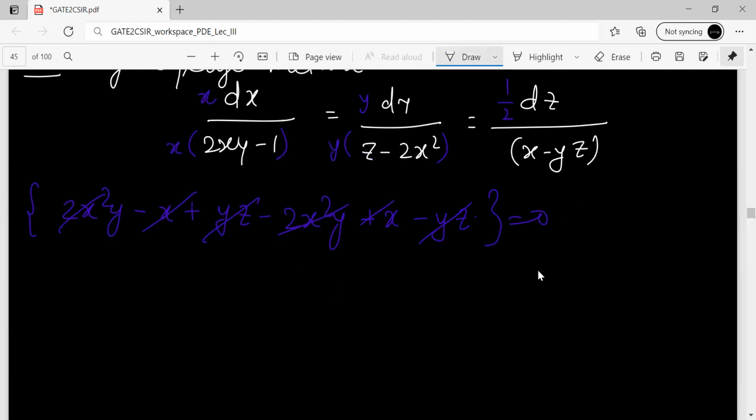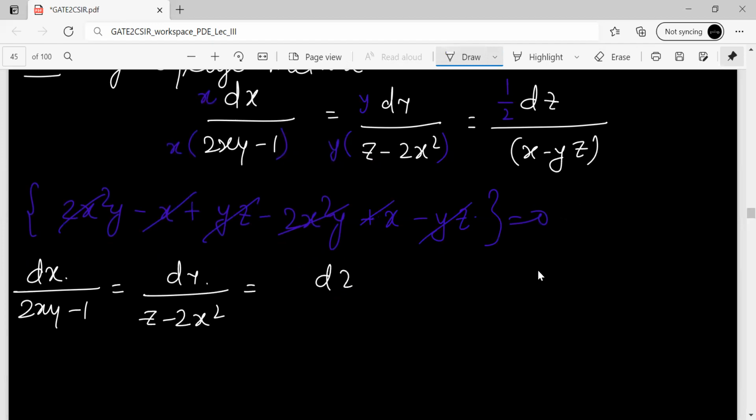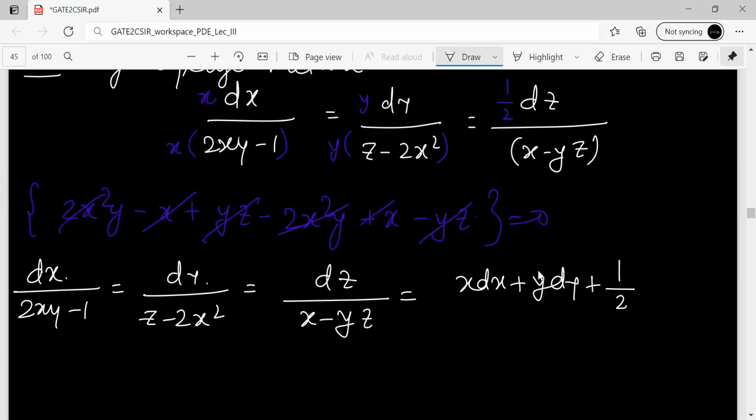So this entire quantity now became dx upon 2xy minus 1 equals dy upon z minus 2x square equal to dz upon x minus yz, which is now equal to simply what I multiplied: x dx plus y dy plus half of z. This is what I had done. And I know that this denominator is completely 0.